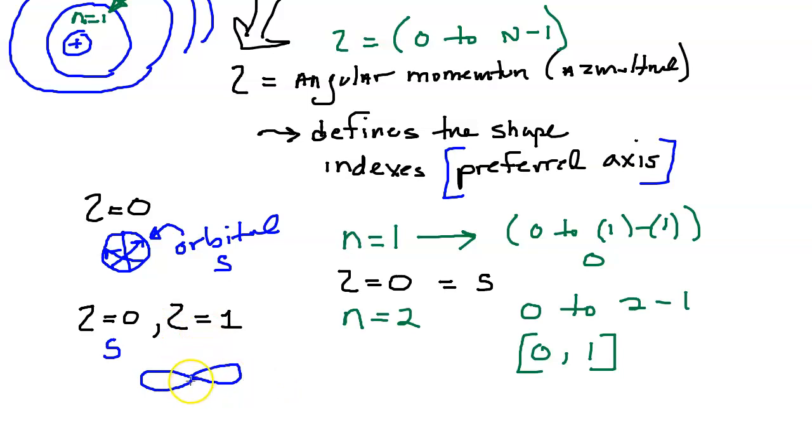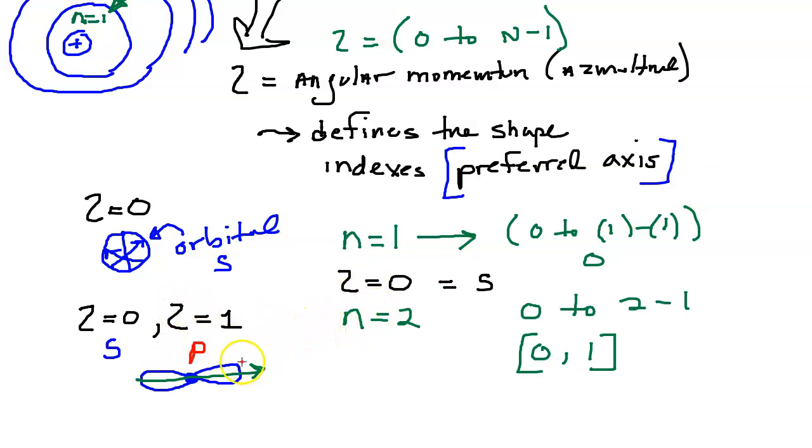And this preferred axis is equal to 1 because if you notice, there's one axis that's preferred over another. Therefore, we call this the L equals 1 type of orbital. It's got a letter name, and we call it p.